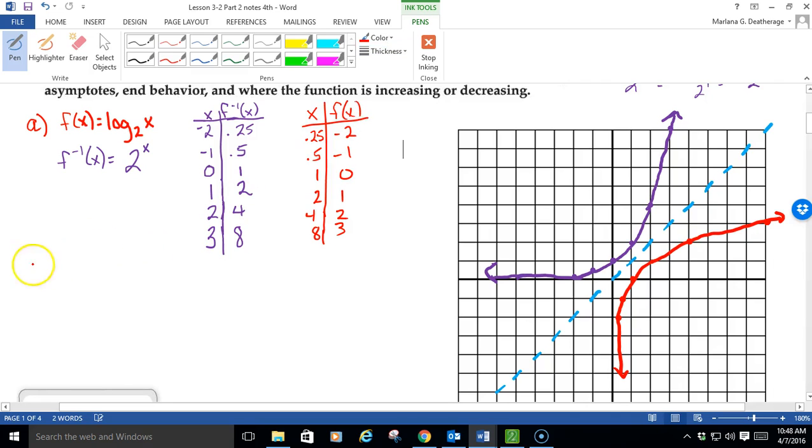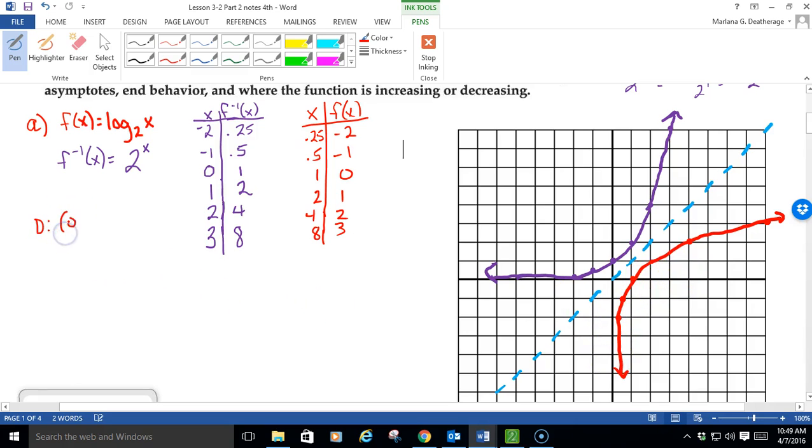Okay, so first thing we talked about is domain. What's the domain? Now, this is of the red one. We're not doing the domain of the purple. That was lesson 3.1. Just the red one. What's the domain? Left to right. Where does it start on the left? How far does it go to the right? Where does it start on the left? At 0, but it doesn't include 0.